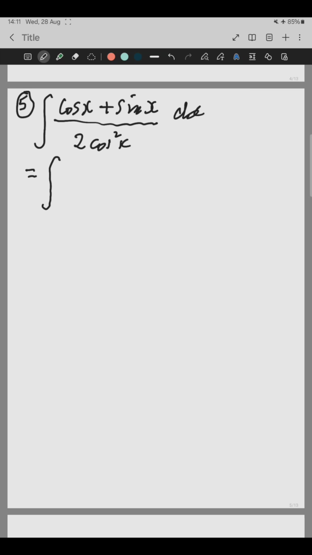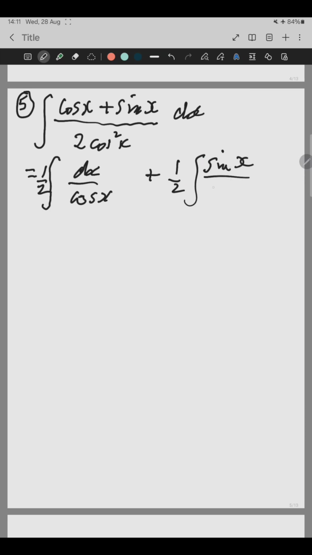That becomes 1/2 dx over cos x plus 1/2 sin x over cos squared x dx.